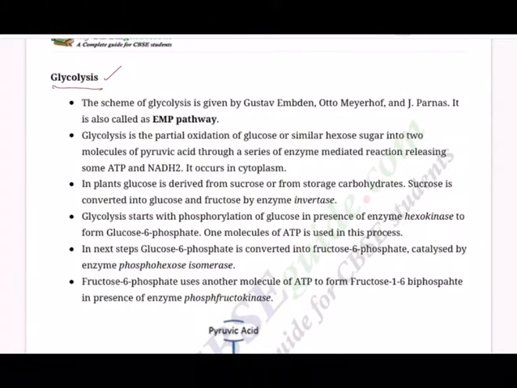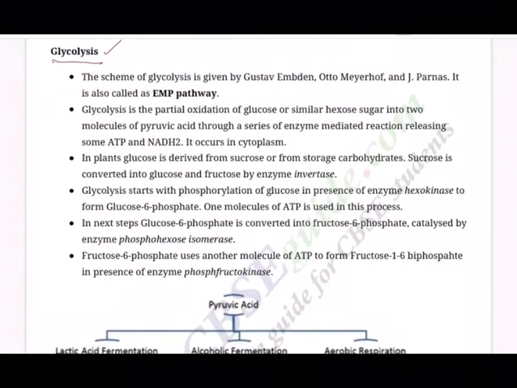PEP forming 3 carbon pyruvic acid produces another ATP molecule. So ADP plus inorganic phosphate becomes ATP.